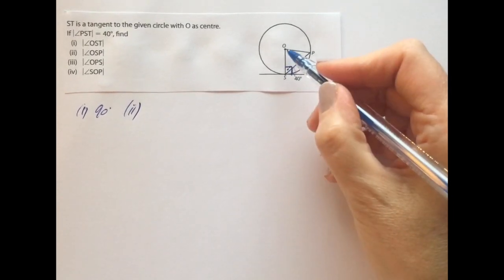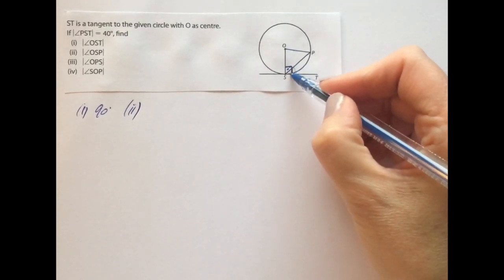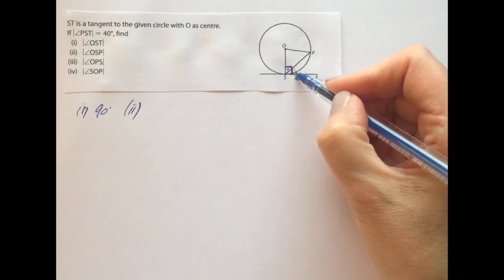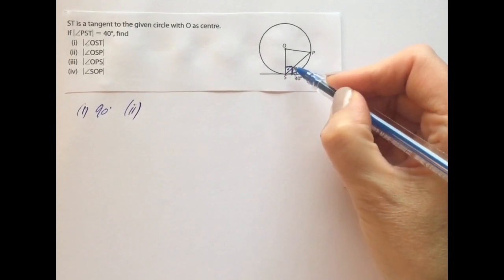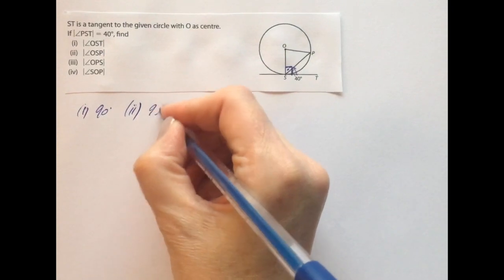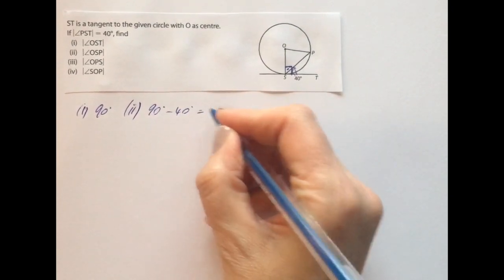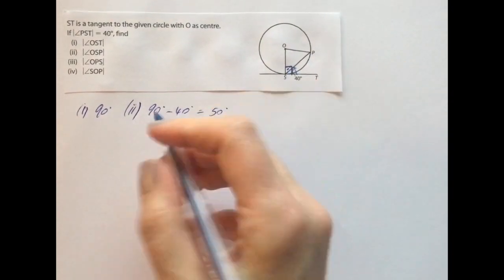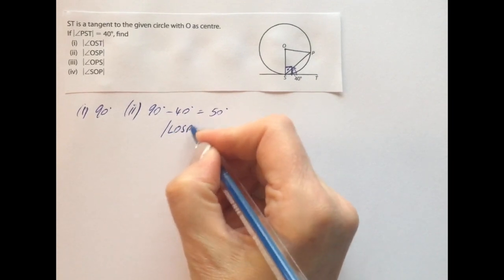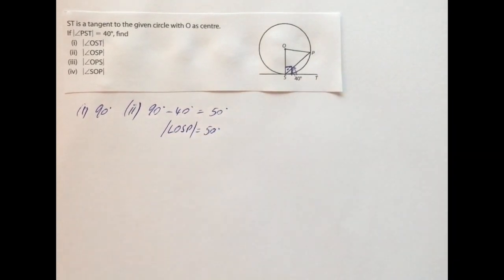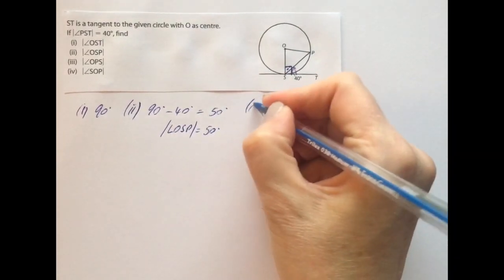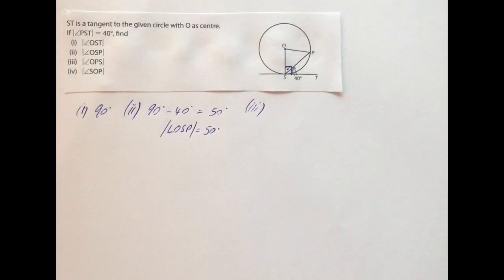If you know that the whole thing is 90 degrees and from there to there is 40, then 90 degrees take away 40, which is 50, must be that angle OSP in the triangle, 50 degrees.